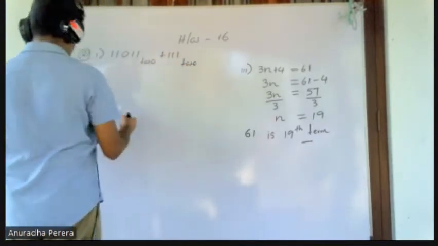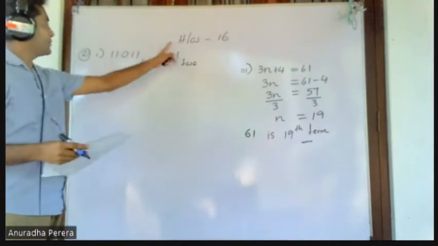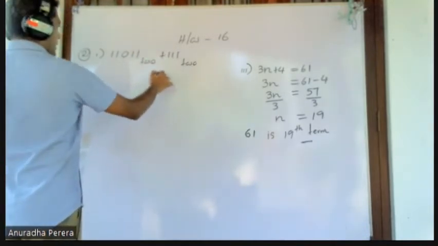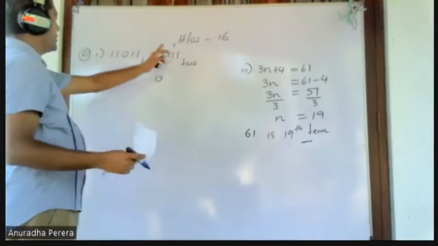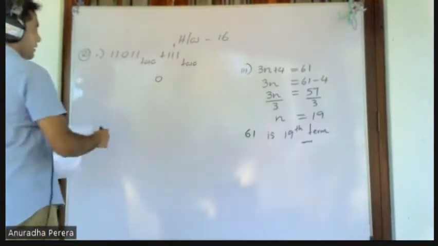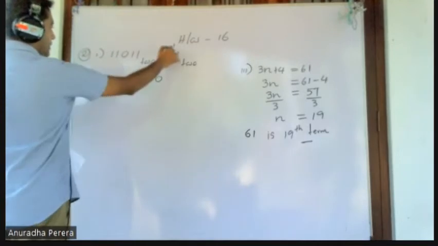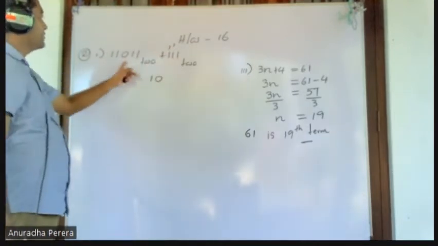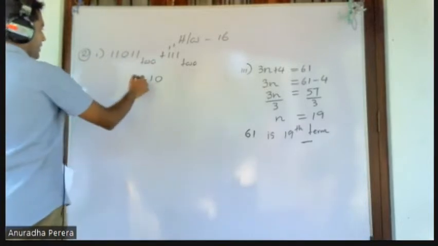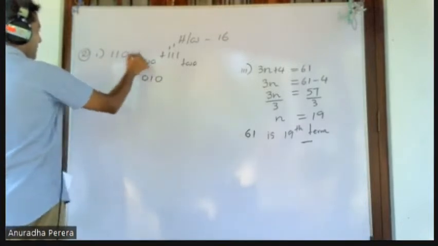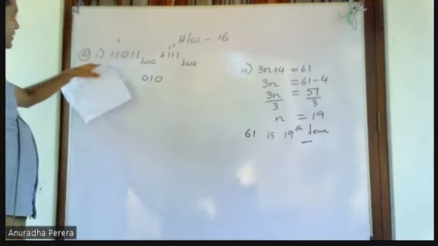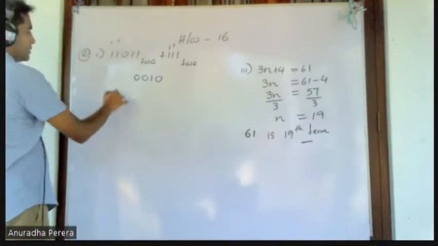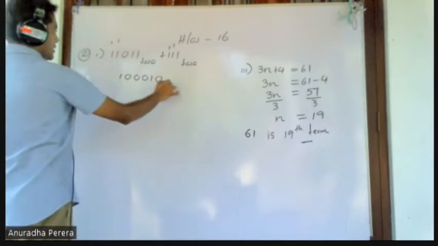You can add this. 1 plus 1, 1 0. Then 1 plus 1 plus 1, 1 1. 1 plus 1 plus 0, 1 0. Again 1 plus 1, 1 0. Then 1 plus 1, 1 0.